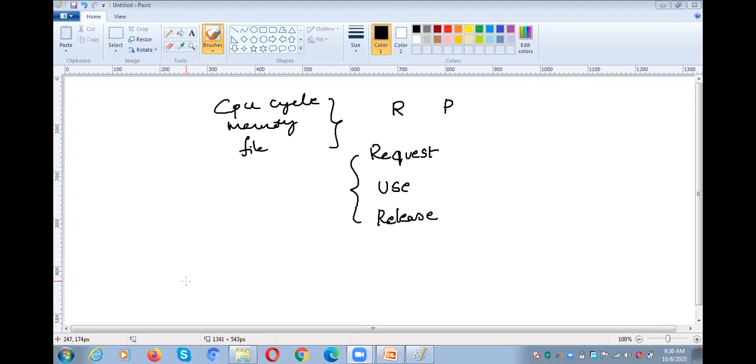Okay, is it clear now? What does the process have to do? The process has to request the resource, use the resource, and then release the resource. Okay, that is about the system model.